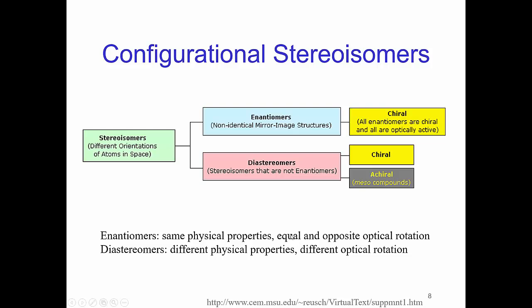The only physical property that they have, which is very distinguishing, is they can rotate light as light passes through them. Okay? And they can rotate it either in a clockwise or anti-clockwise direction.